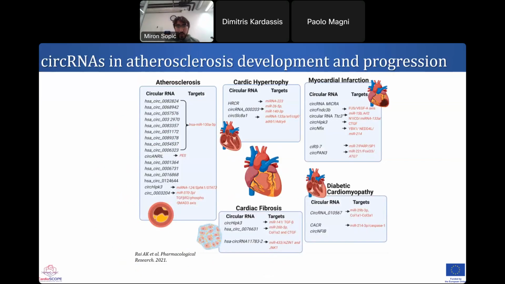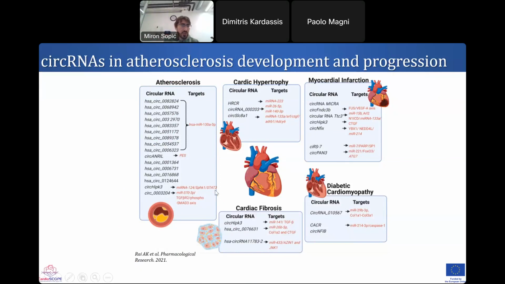Within atherosclerosis, currently, because the field has only been developed in the past couple of years, there has been a limited number of circRNAs that were connected to atherosclerosis and other cardiovascular diseases.